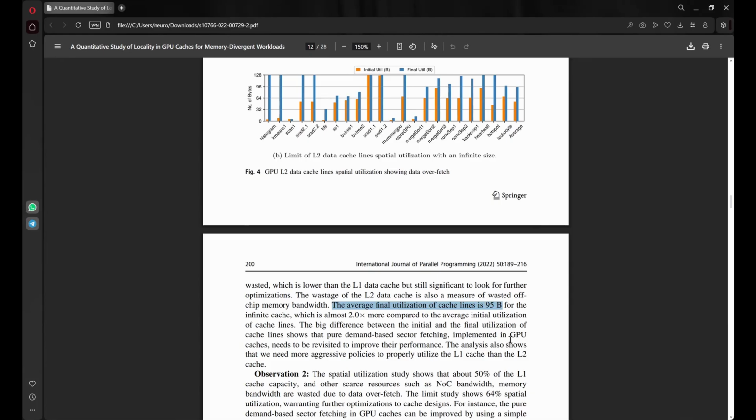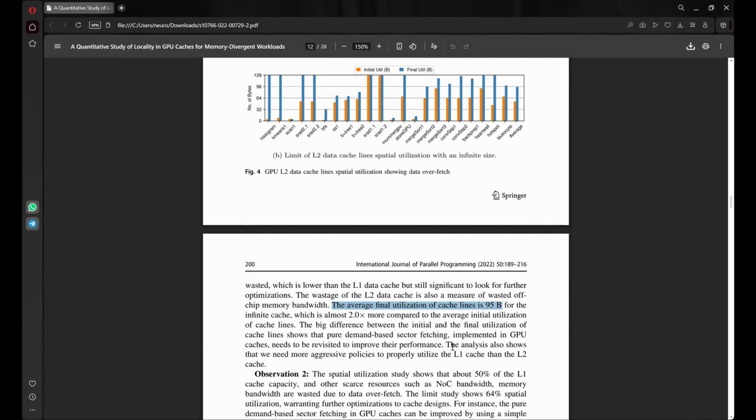But obviously you can't have infinite cache size. So what they suggest is to have a mix between pure demand-based sector fetching and completely fetching everything around the memory address that you need, trying to maximize. So there needs to be some semblance of a middle ground, and that is much more the case for L1 cache as opposed to L2 cache.